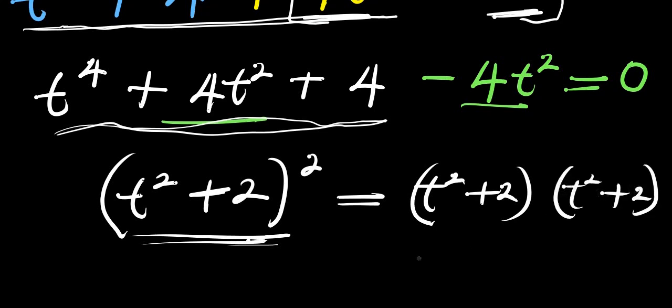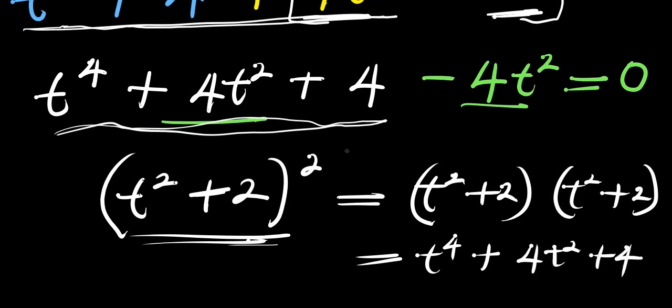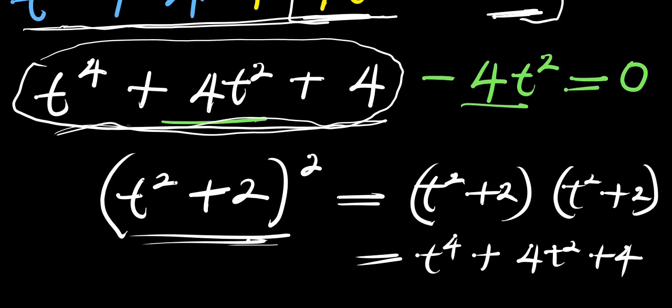If you multiply this, this will give you t power 4 plus 2t squared plus 2t squared, which is 4t squared, plus 4. So we are getting back this again. That means we are going to replace this with this t squared plus 2 raised to the power of 2. That's what we are going to do right now.